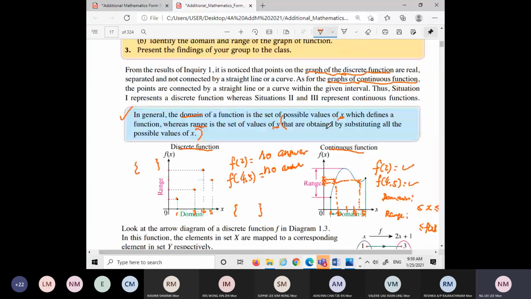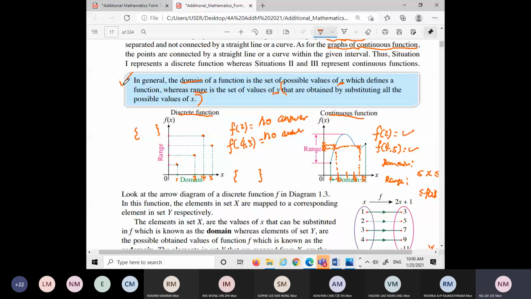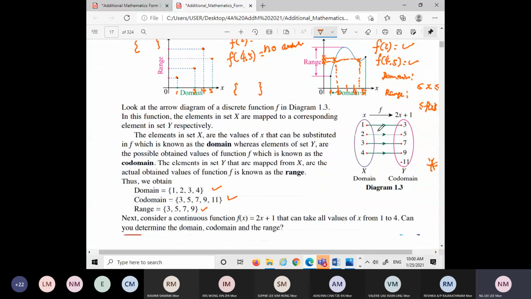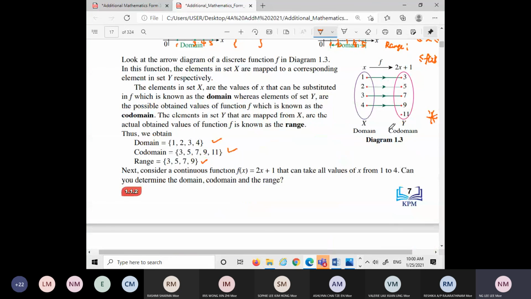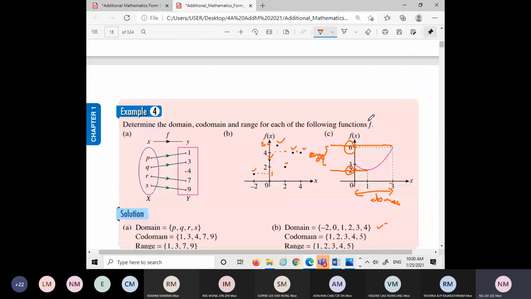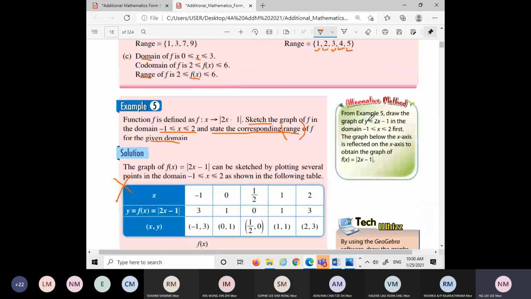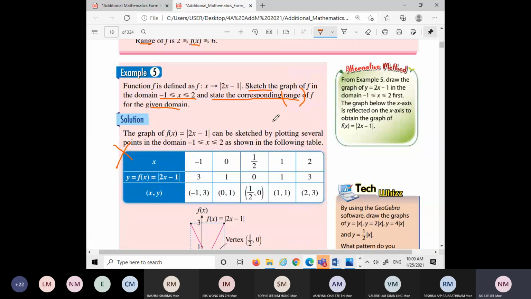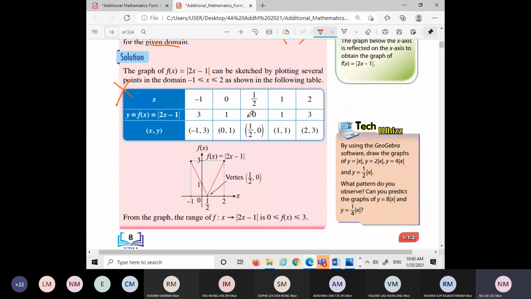Okay, then you continue. So this one you have to write what is the meaning of domain, range, and then what is a discrete function, what is a continuous function. This one you write in your notes, and then what is codomain by using this example. Okay, after that, sketching of a modulus graph.